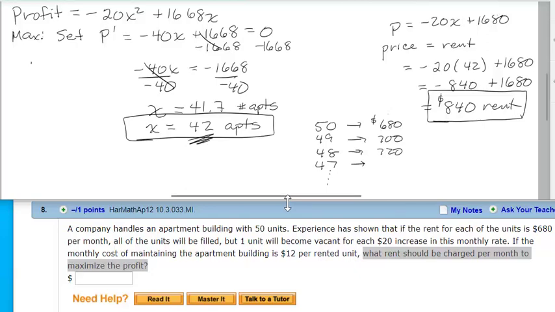So you started with $680 of rent, and 8 times you increased the rent by $20 each, so that 8 people moved out. 680 plus 160 makes 840.